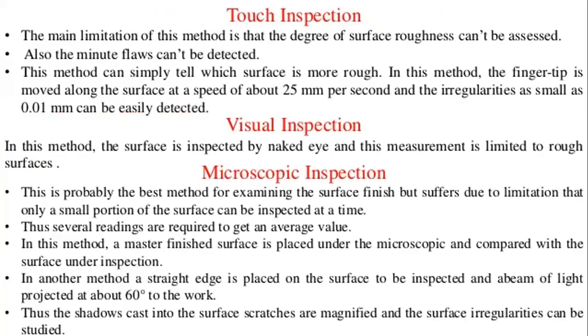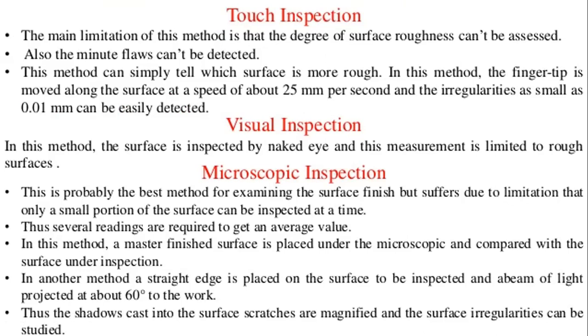So in that, the first one is the touch inspection. In the touch inspection, the main limitation of this method is that the degree of surface roughness can't be assessed.